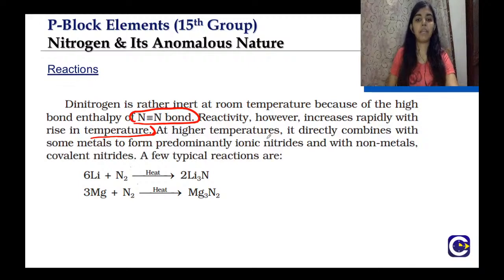At higher temperature, it directly combines with metals. For example, lithium combines with nitrogen. You must have learned this in the S block in 11th class, that lithium and magnesium are the only metals which combine with nitrogen to form ionic nitrides like lithium nitride or magnesium nitride.